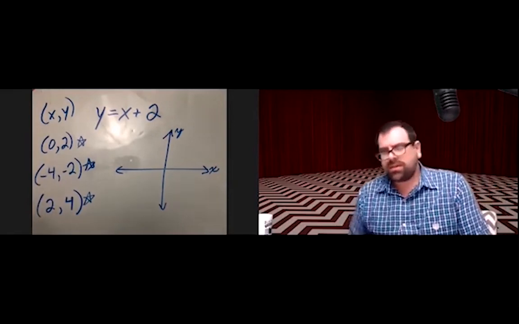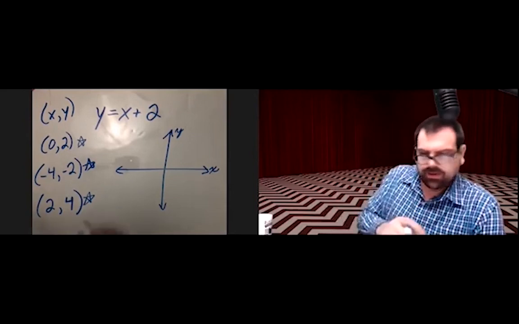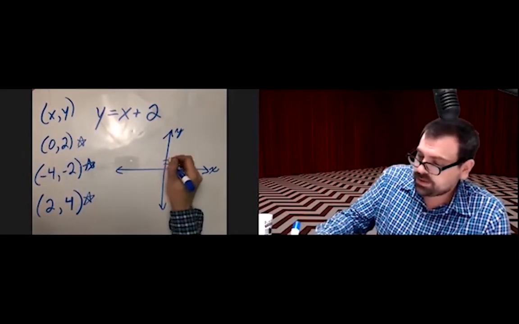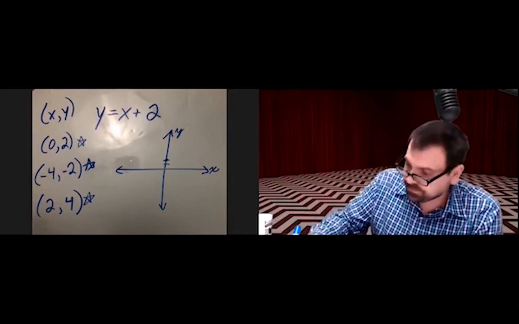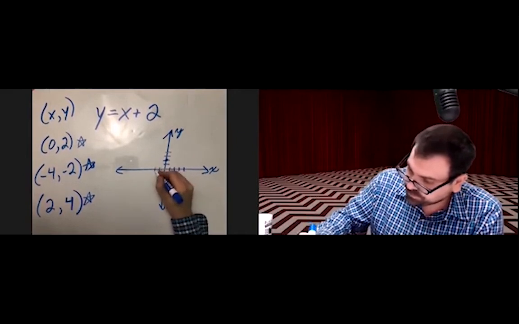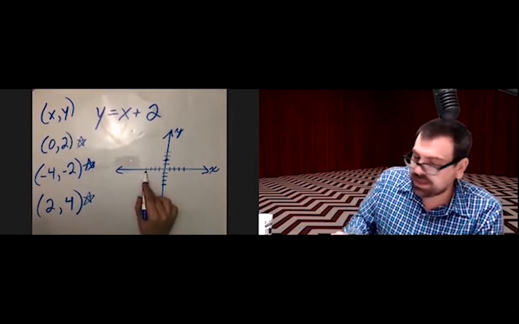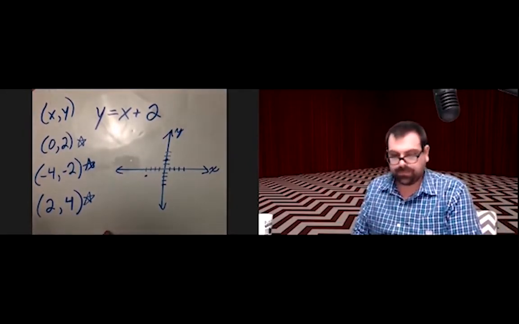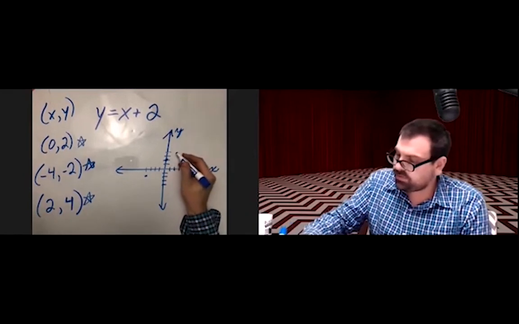These ones that were solutions, let me go ahead and plot these points. (0, 2) would be an x of 0 and a y of 2. (-4, -2) would be an x of -4, so left 4, down 2. (2, 4) is an x of 2, 2 to the right, a y of 4, 4 up.